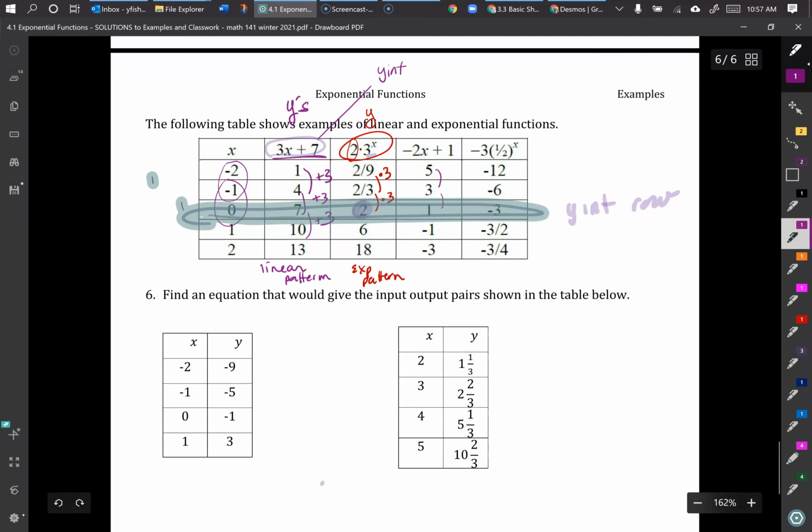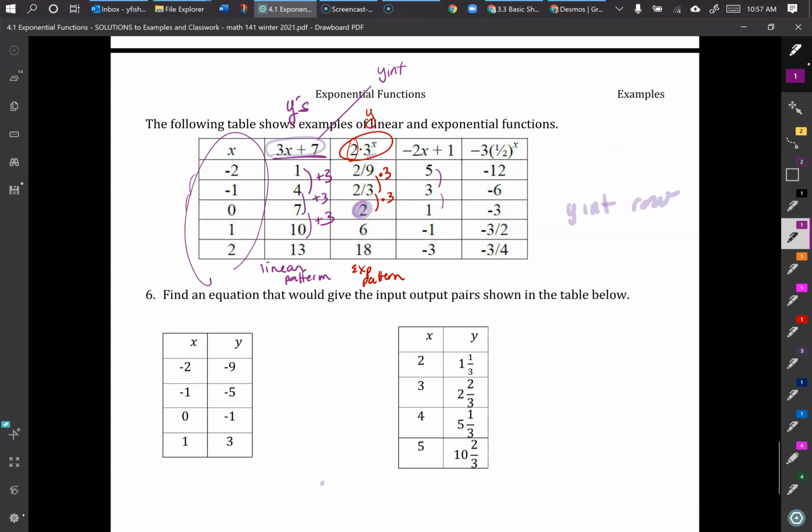Now you do have to note, like this table here, I had a consistent increase of 1 each time on my x's, but on some of the tables below, it doesn't work like that. It'll be like every 2. So you have to pay attention to what the x is doing as well. So this one's just a simple decrease by 2, so that's going to be linear.